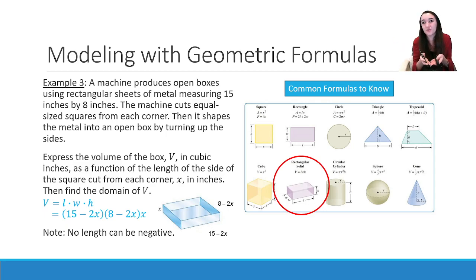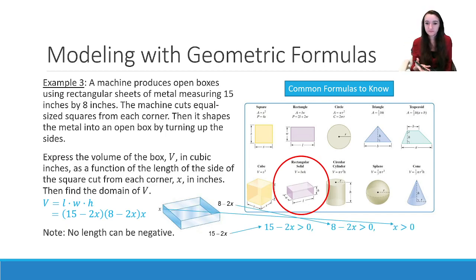If a length was zero, we really wouldn't have a box at all. So we will take each of these, the length, the width, and the height, and state that they have to be greater than zero, like so.